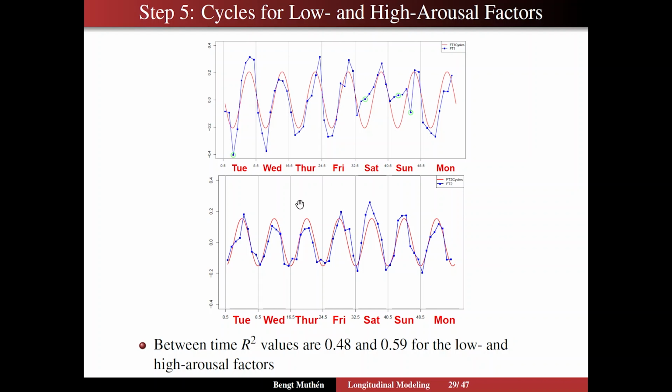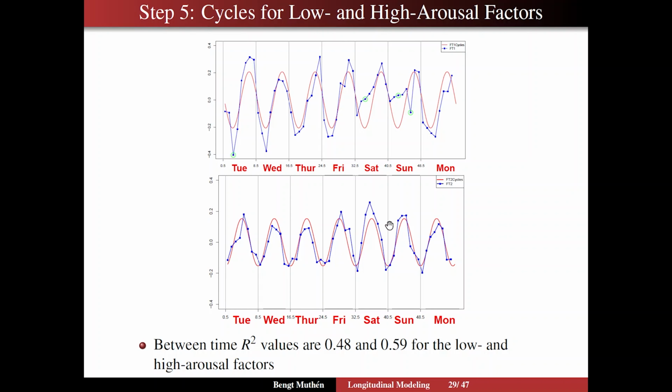We also notice that the low arousal factor variation is a little bit higher, has a higher amplitude than the high arousal factors. They're on the same y-axis scale. Now, the high arousal factors, they seem to follow the cycles.